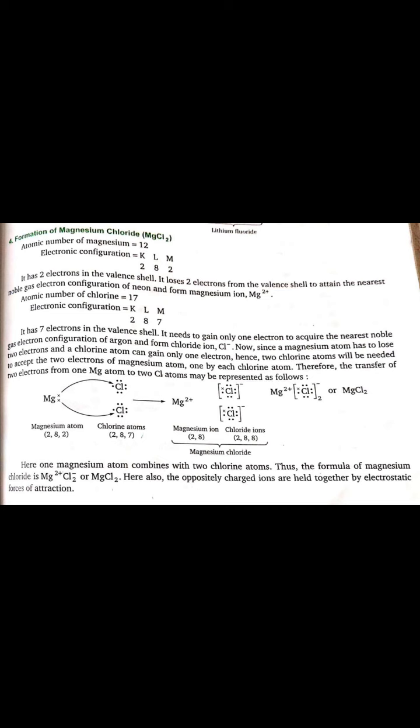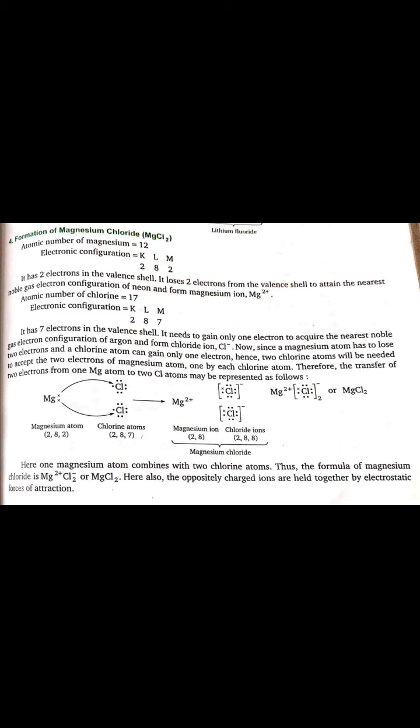The electronic configuration of magnesium will be, because magnesium has 12 electrons, 2, 8, 2. For chlorine, there are two chlorines in this formula. You see children, MgCl2 means two chlorine atoms. So for one chlorine, atomic number 17, the configuration would be 2, 8, 7. Now try to understand how this structure is going to be formed, how this chemical bonding is taking place.